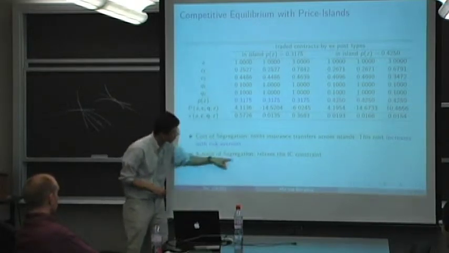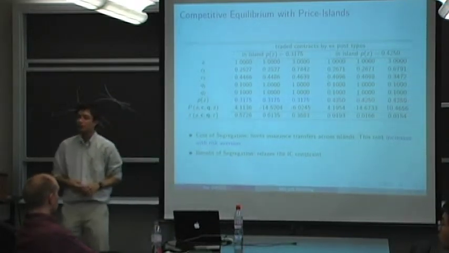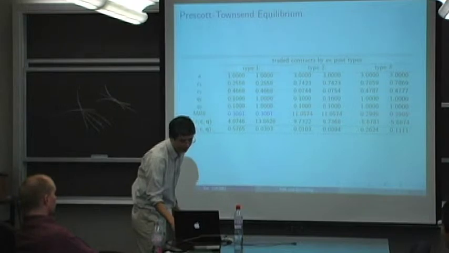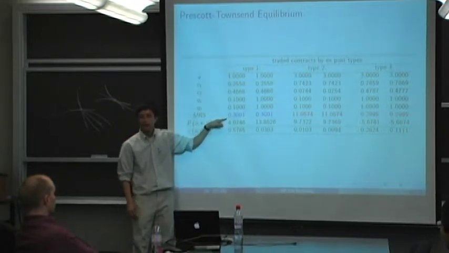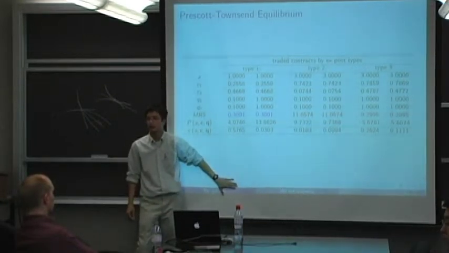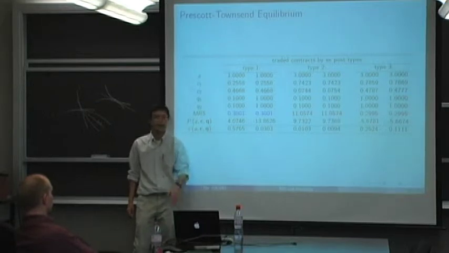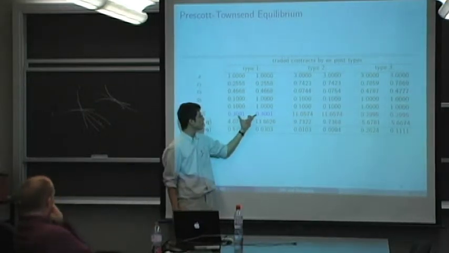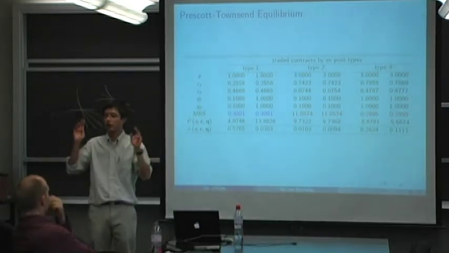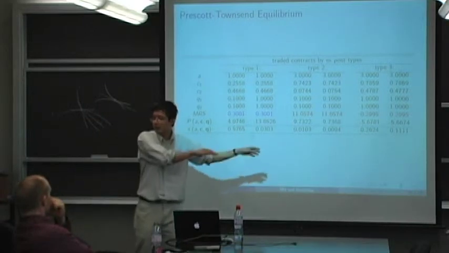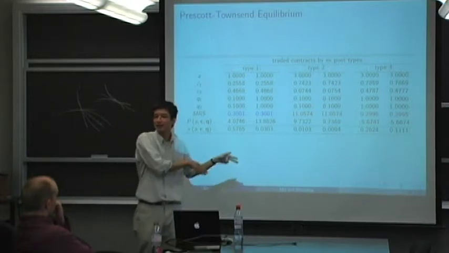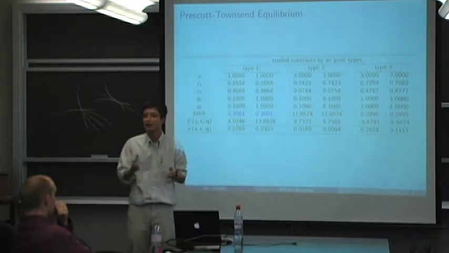Maybe before that, I'll tell you the benefit first, because you asked me why we would like to segregate them, why in the first place we would like to have them on different islands. The reason is this. As we know, the Prescott-Townsend solution is better than the solution with retrading, because they are less constrained and can do better. In this solution, people are put in 3 different marginal rates of substitution. So if possible, we would like to put them on 3 islands. But of course that's not possible, because if you put them on 3 islands separately, how are they going to get insurance at all?